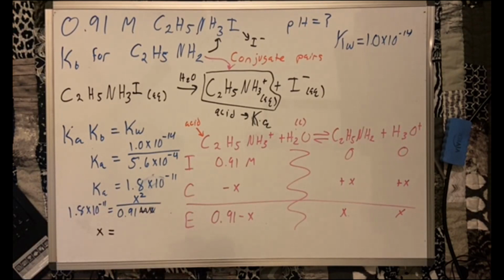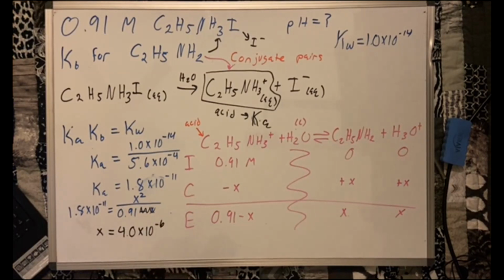I take 1.8 times 10 to the negative 11 times 0.91, square root. I got 4.0 times 10 to the negative 6.